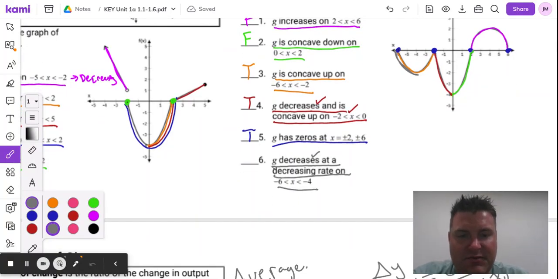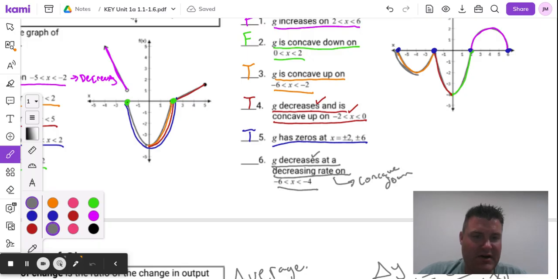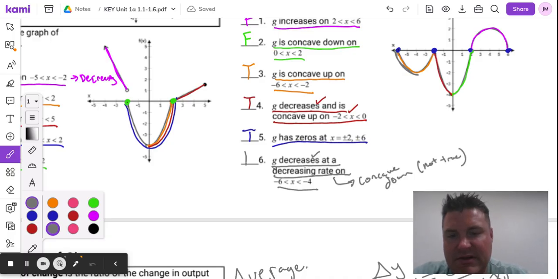So at a decreasing rate, that means we are concave down. Are we concave down from -6 to -4, which is that gray segment? No, we are not. So that part is not true. So this is going to end up being false.